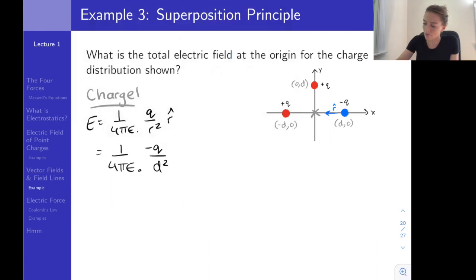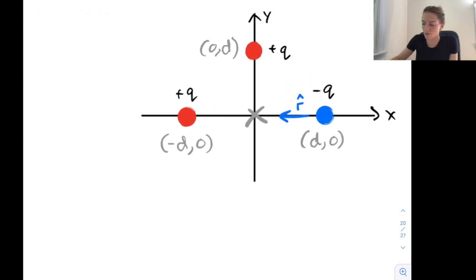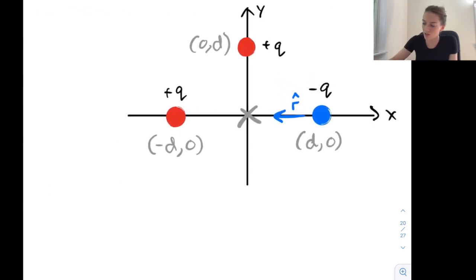So we have negative x hat. Now you'll notice here that we have 2 negative signs, right? We have a negative from the charge and a negative from the direction. These will cancel out and give us an electric field from this negative charge that overall is pointing in the positive x hat direction. When we multiply those 2 negative signs together, it gives us an overall positive.